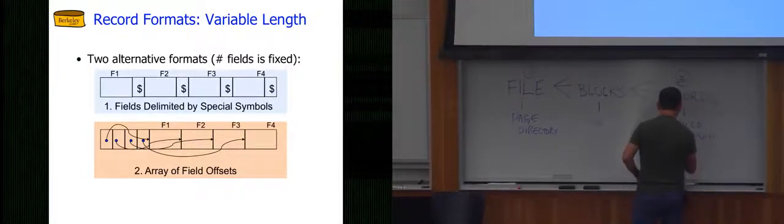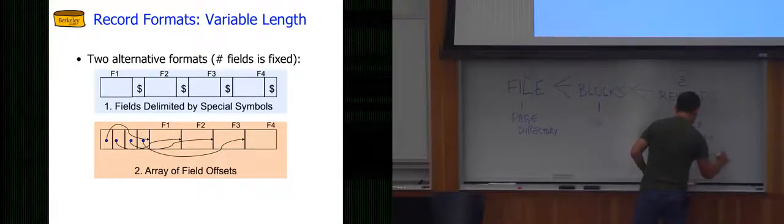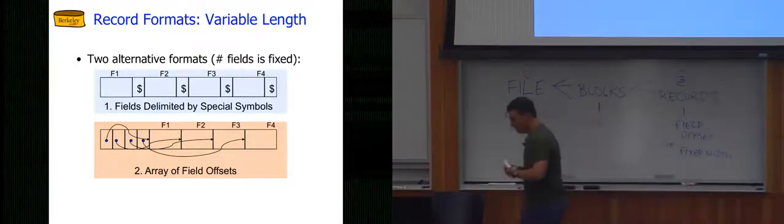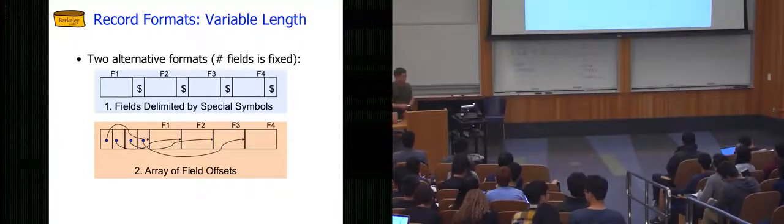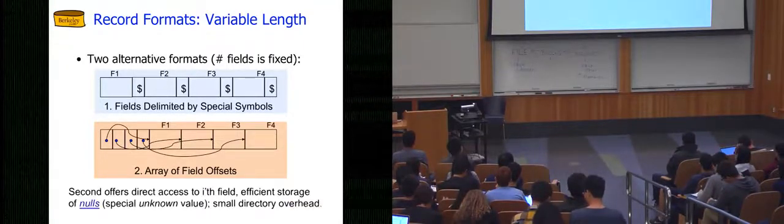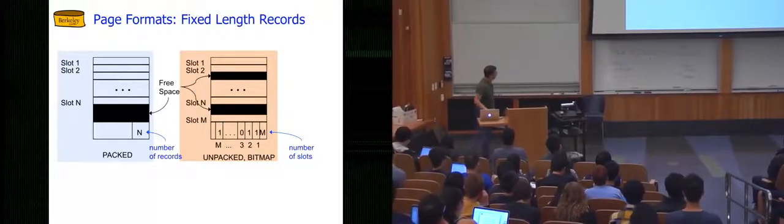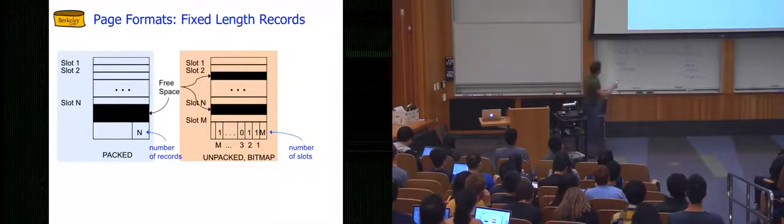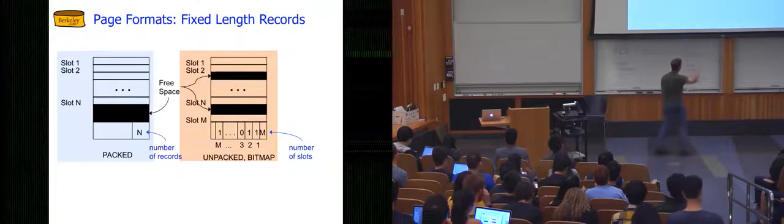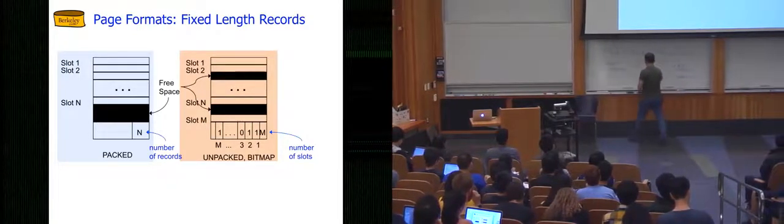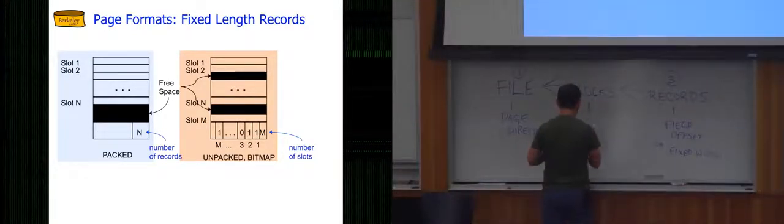Or the fixed width. And then, last but not least, we got to put these records onto pages. And we'll do that either with fixed width records, probably with the thing on the right-hand side again, which is an unpacked fixed width representation.